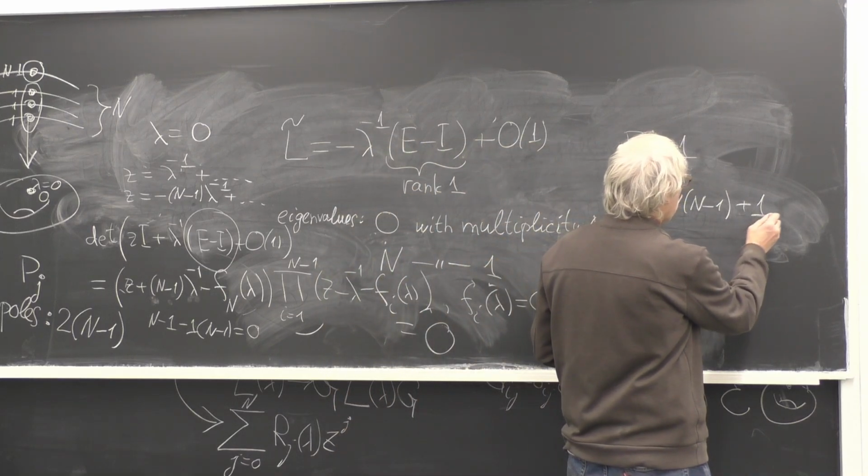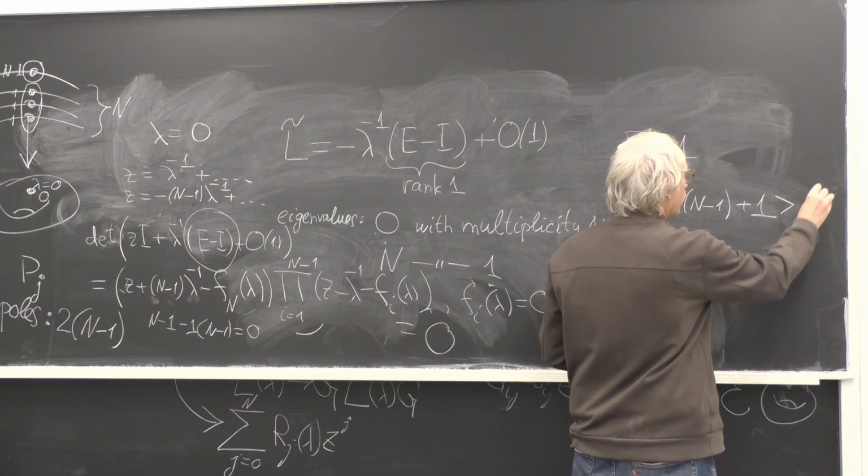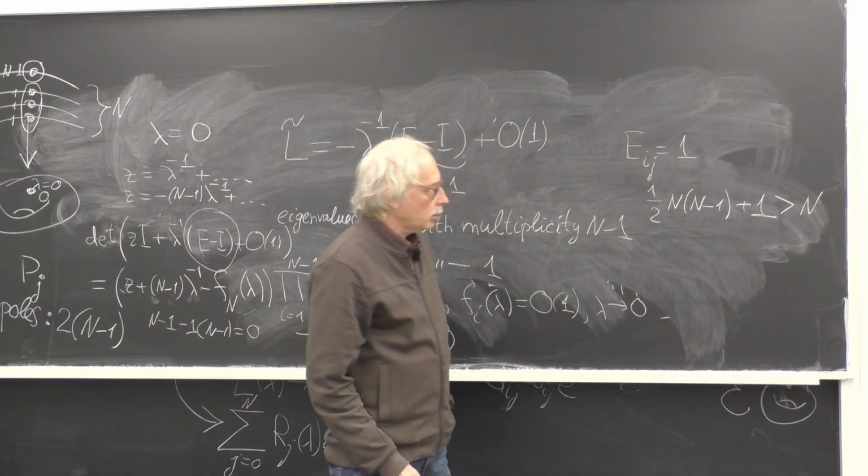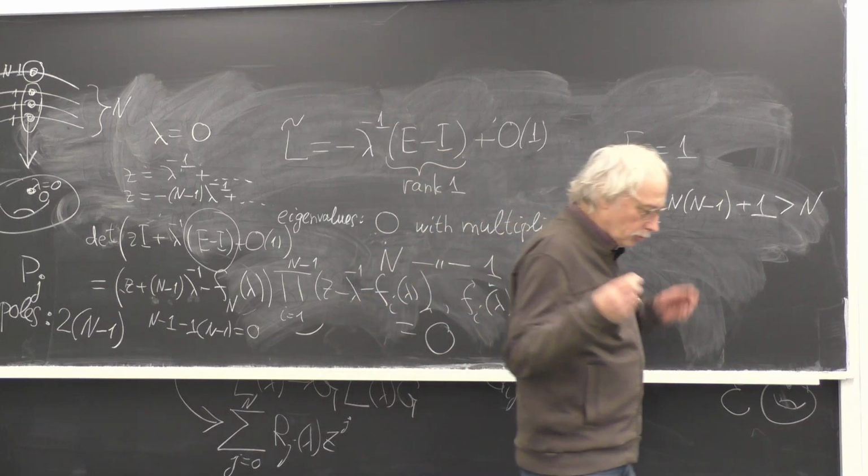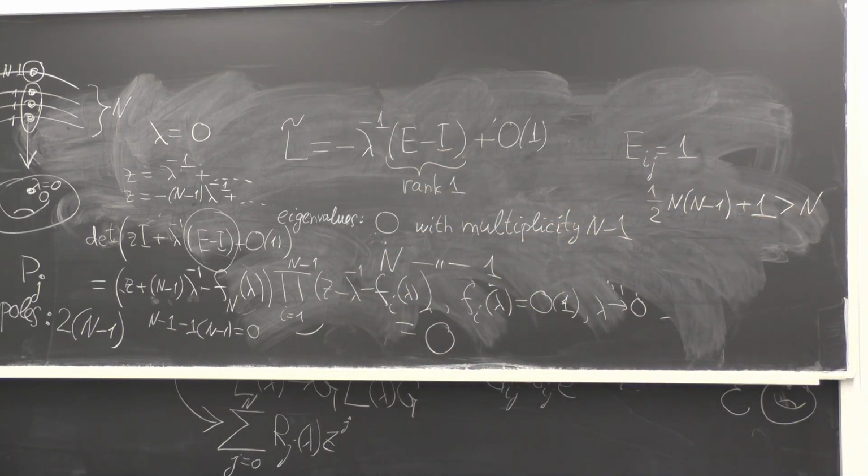So it's bigger than n. This means that this curve has singular points.